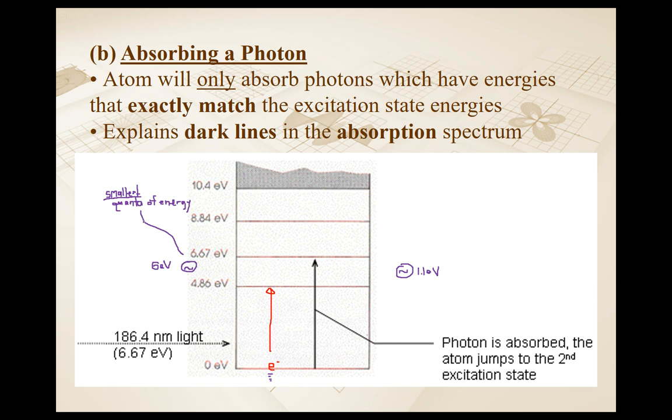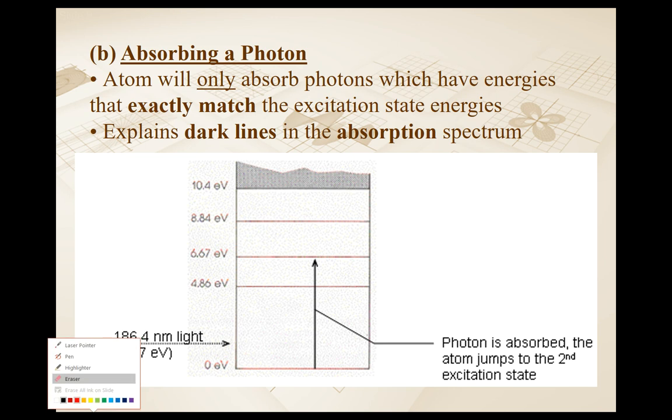It turns out the only photons that can be absorbed are ones that exactly match an energy level. So let's say that we fired in, let's do my Roy G. Biv spectrum. So we fired in all photons of wavelengths that go from red to orange to yellow to green to blue to indigo, violet.